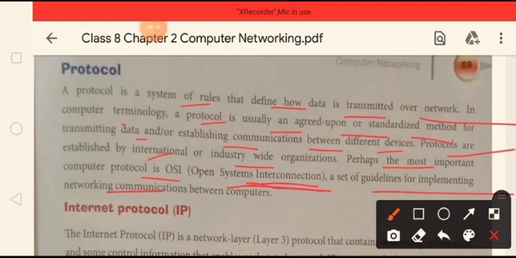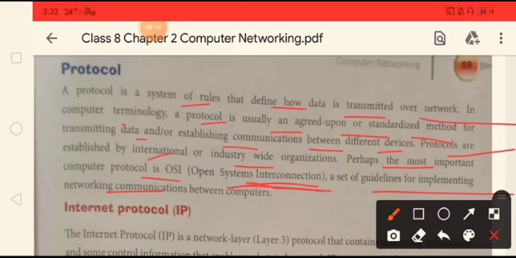communications between computers. So, students, as I have told you before, a protocol is a set of rules and guidelines for how we can transmit the data over the network. Okay, how can we share the data and establish the communications between two computers.